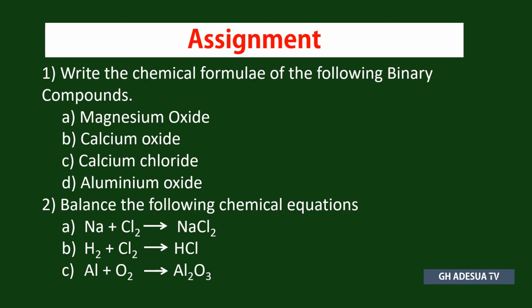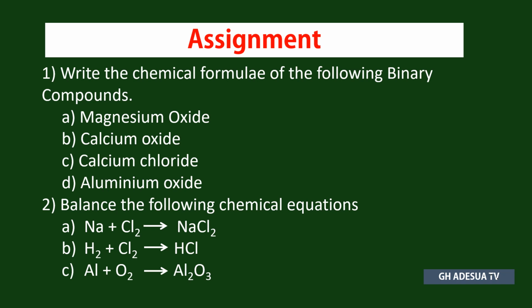So for your assignment, I want you to write a chemical formula of the following binary compounds. So for magnesium oxide, we don't just write the symbols for the atoms, but you make sure the valencies are looked at, and then you balance it up to give us the right answer. If it is, say, magnesium oxide, I don't want to see MgO, I want to see Mg subscript something, O subscript something, depending on the valency.